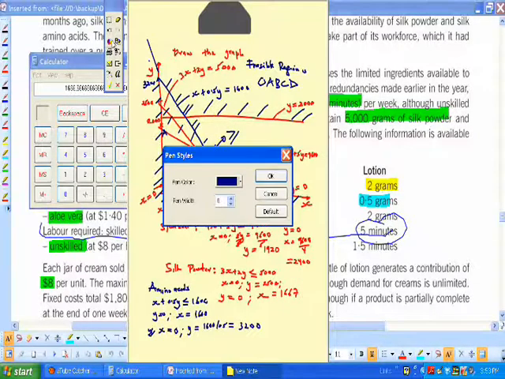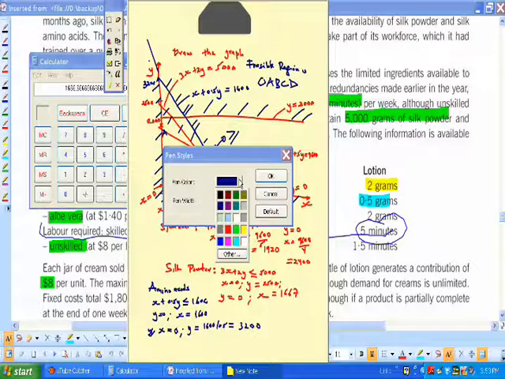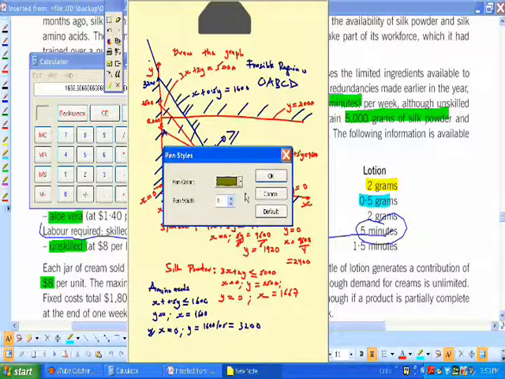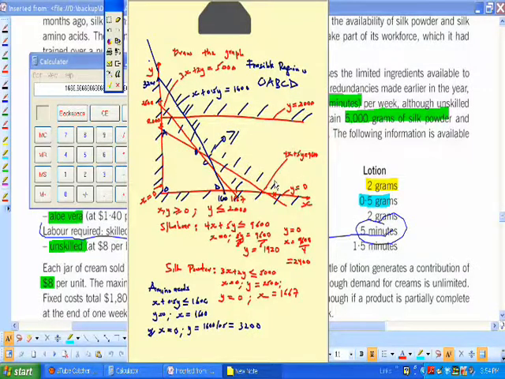My note is a bit crowded, but let's see how we can progress. What we want to do right now is to draw what they call an ISO contribution line.